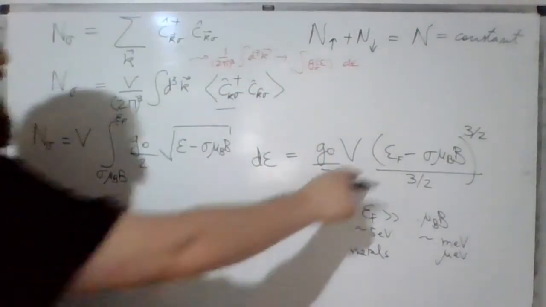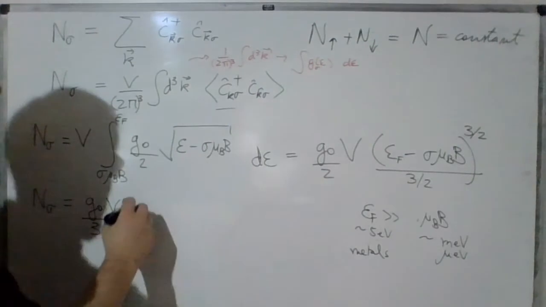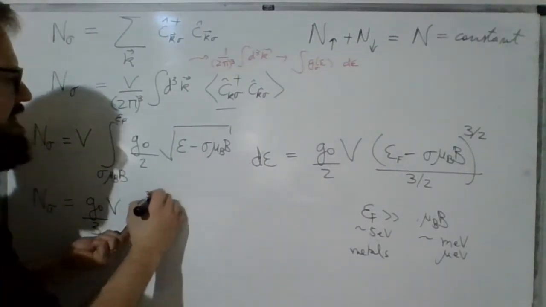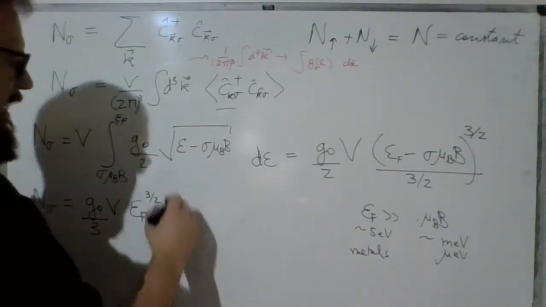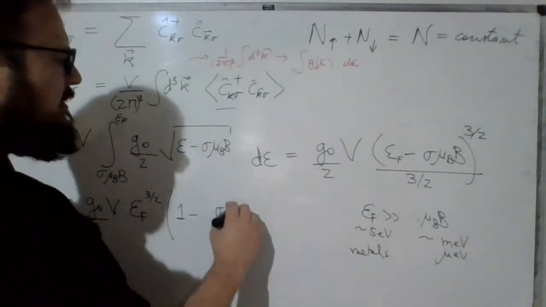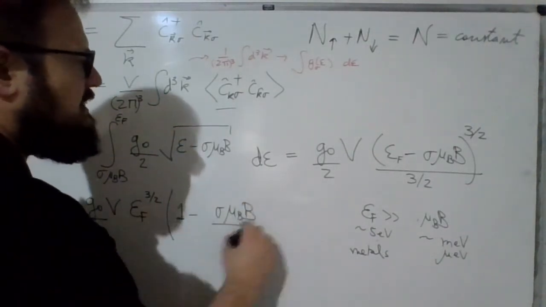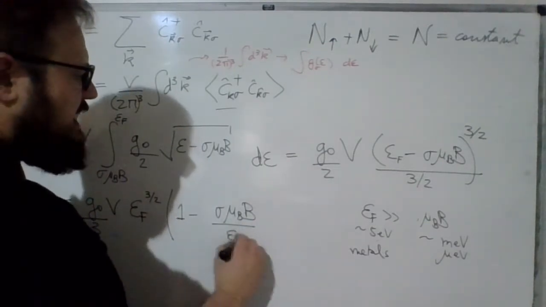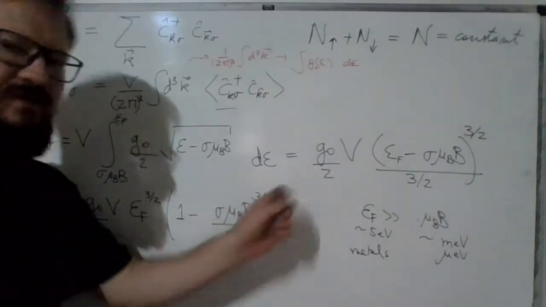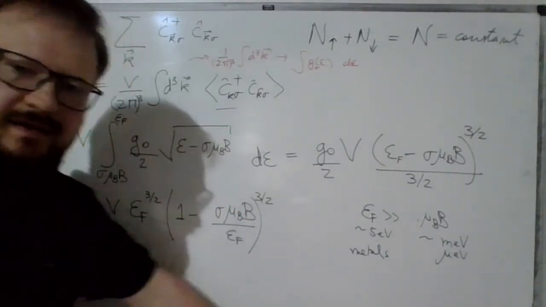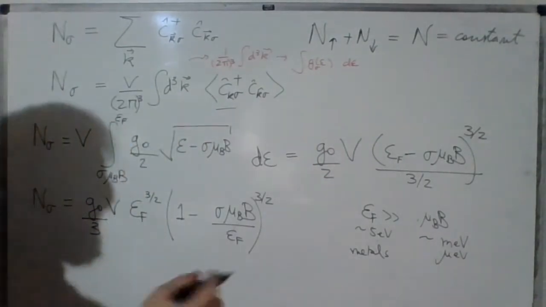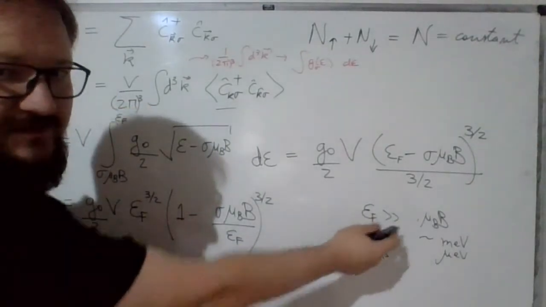Okay, so we can just factorize the Fermi level here. We will have the Fermi level to the 3 halves, and 1 minus sigma Bohr Magneton times B divided by the Fermi energy, to the power of 3 halves, right? This allows an approximation given that fact, all right?